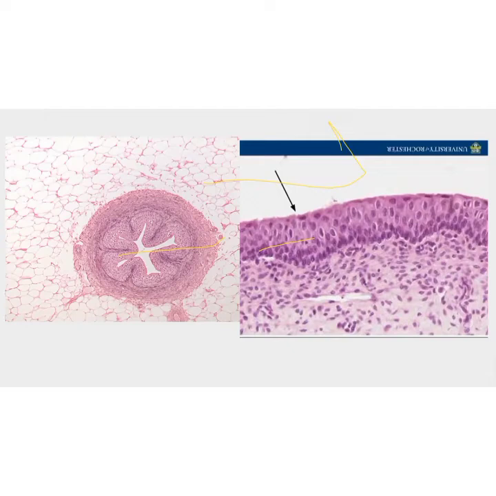Ureters pass through the wall of the urinary bladder obliquely, forming a flap valve mechanism that prevents the backflow of urine into the ureters. Commonly, carcinoma of the bladder arises in the transitional epithelium; transitional cell carcinoma is very common.